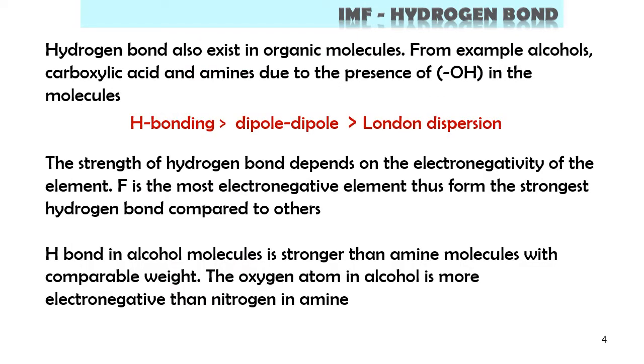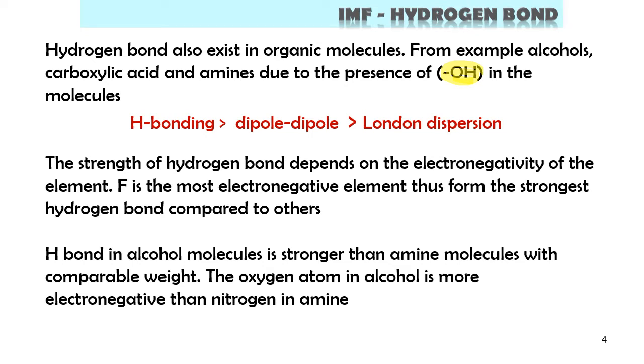Hydrogen bond also exists in organic molecules such as alcohol, carboxylic acid, and amine. This is because of the presence of OH group in the molecule. So this you will learn in detail in semester 2, semester 2.